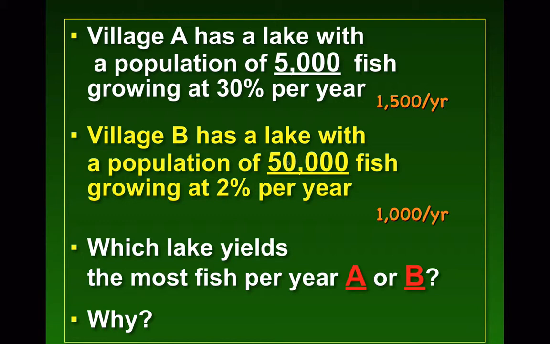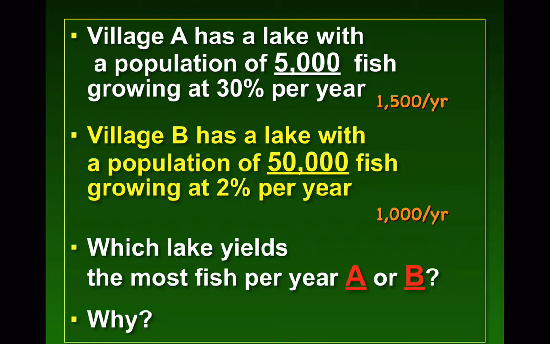So here's a lake with 10 times as many fish in it, but it's growing more slowly, so you can't harvest as many as you can with this little population. So A has a yield greater than B, even though the stock, that tank in the middle, is far bigger.